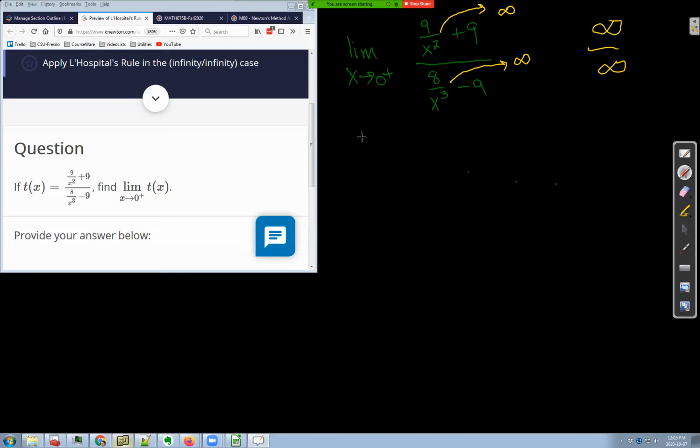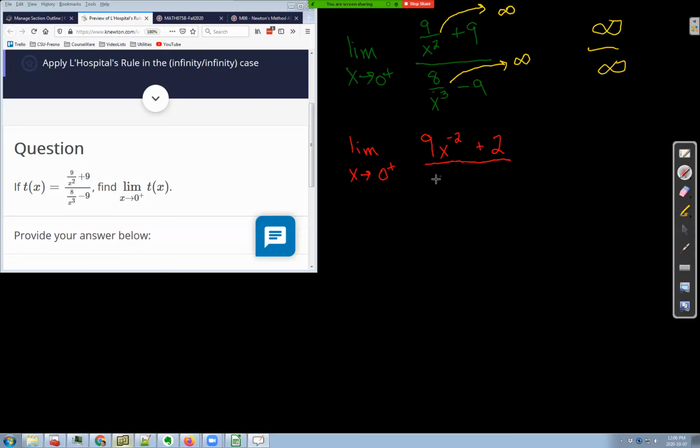So, all right, I'll rewrite this as the limit as x goes to 0 from the right of, okay, derivatives don't like division. So whenever I can avoid division, I think that's a good idea. And so I'm going to rewrite, instead of 9 over x squared, 9x to the negative 2 power.